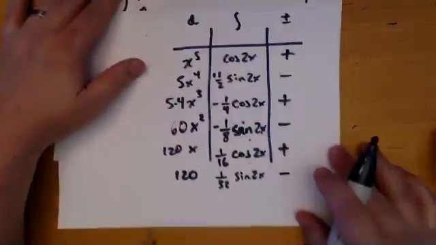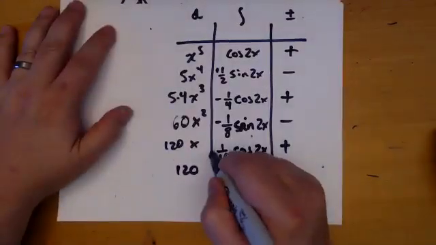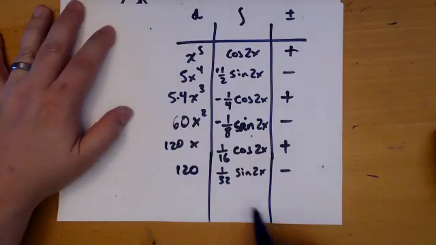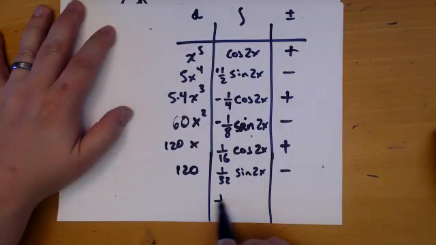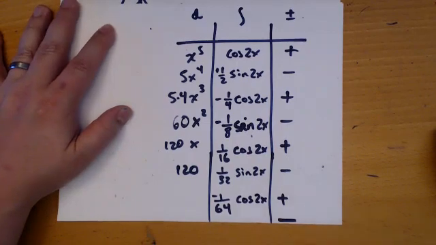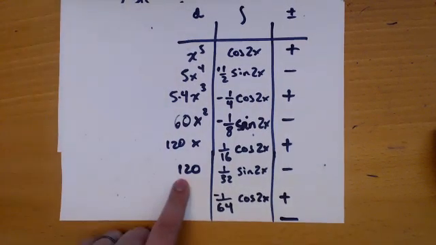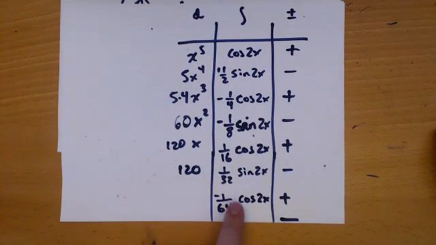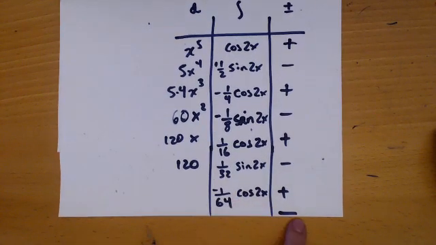Now here's the deal. You got to go a little further. So this guy, when you're done with your x's, you're done. This guy's got to go one more step, and this guy's got to go one more step after that.